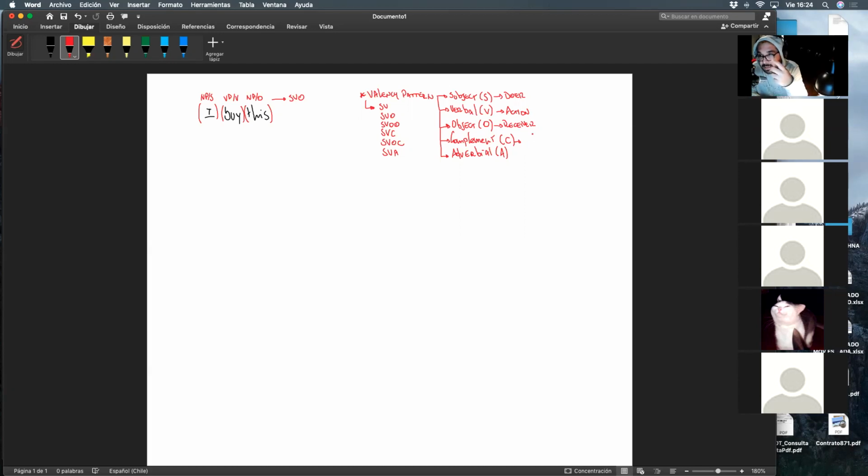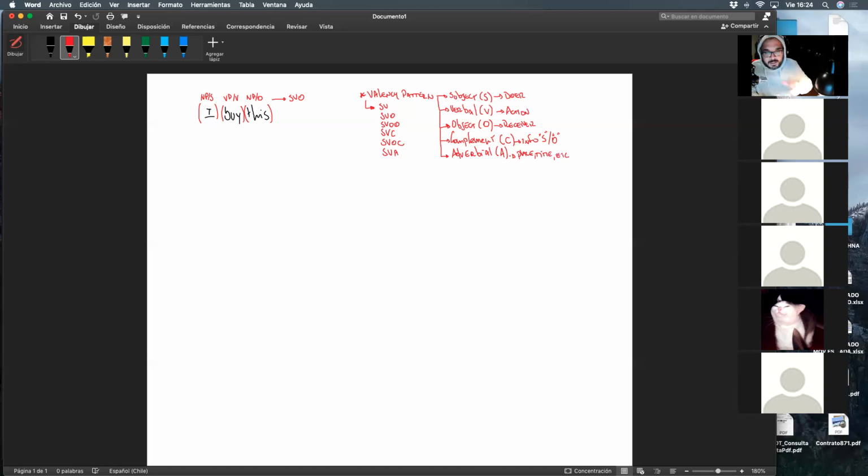Therefore, they characterize, right? I would say info about the subject and or the object. And finally, the adverbial is a unit which provides information about the place, the time, etc.